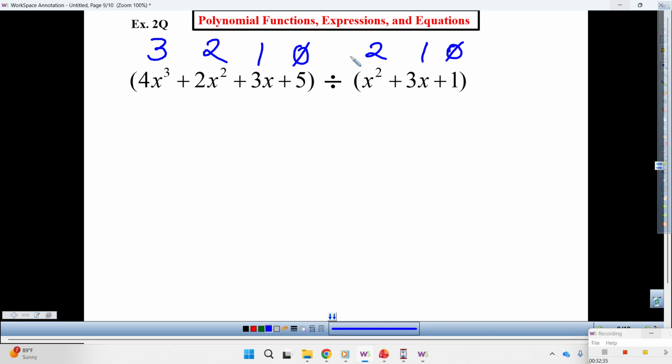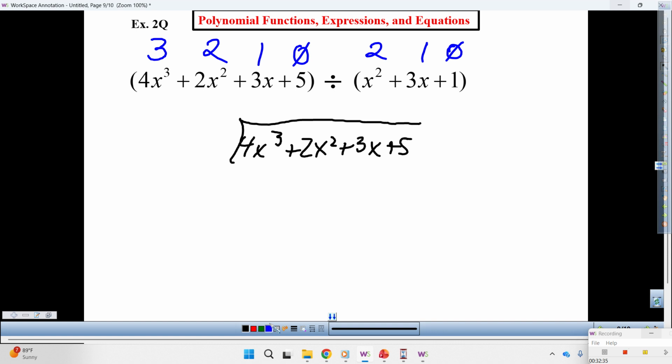Second degree, first degree, 0 degree. Is that in standard form? Yes. Anything missing? No. So that means we start with 4x cubed plus 2x squared plus 3x plus 5, and all that divided by our divisor, x squared plus 3x plus 1.